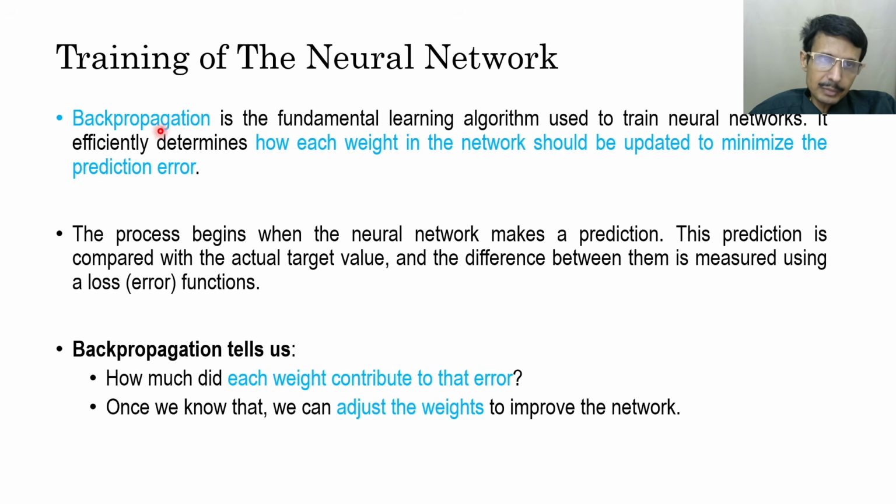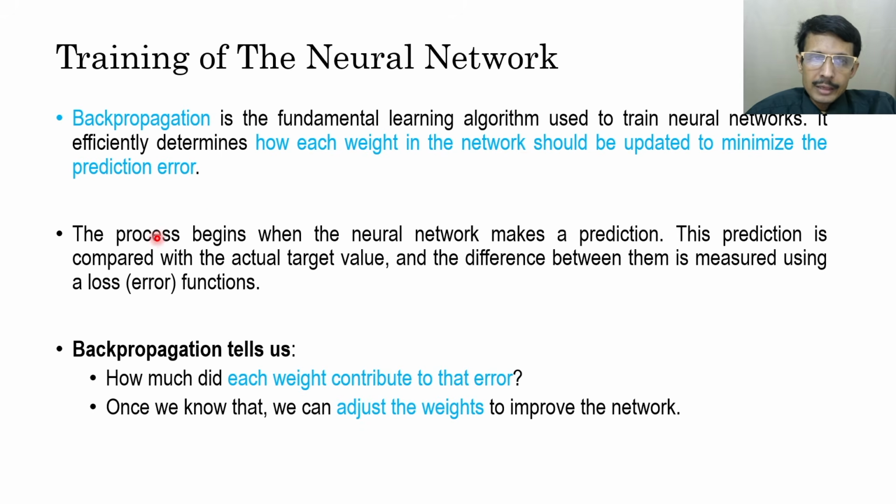The backward pass, popularly known as backpropagation, is the fundamental learning algorithm used to train neural networks. It efficiently determines how each weight in the network should be updated to minimize the prediction error. We will see in the subsequent slides what this sentence means.